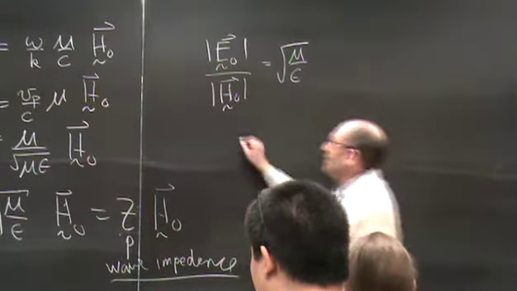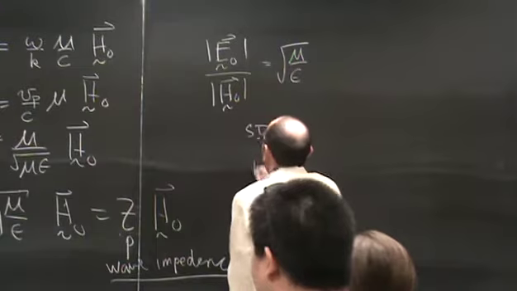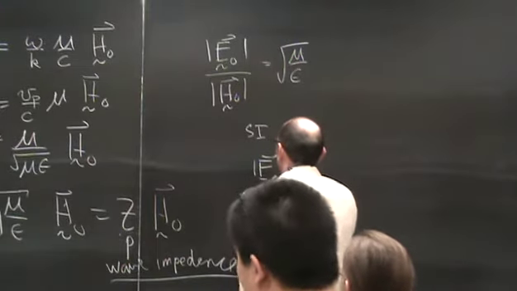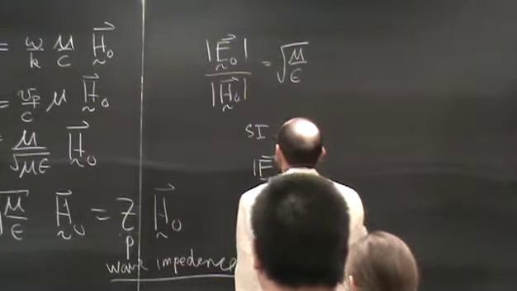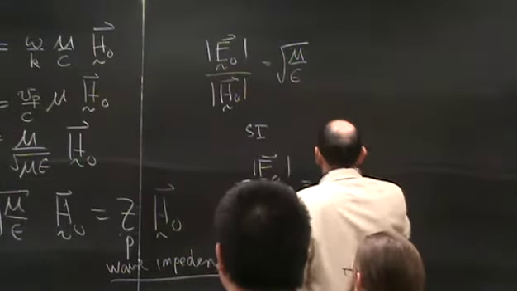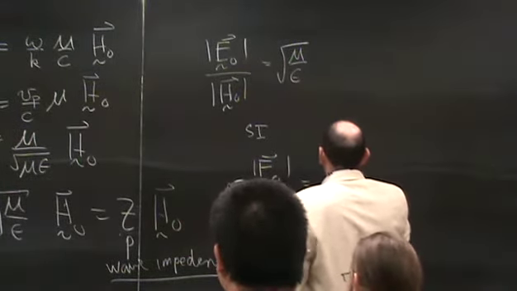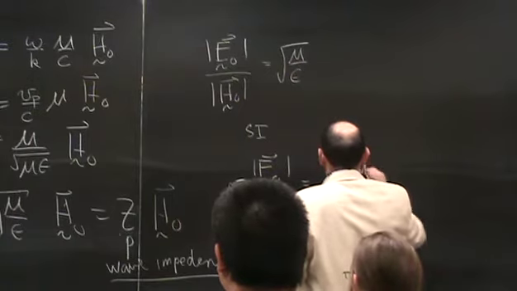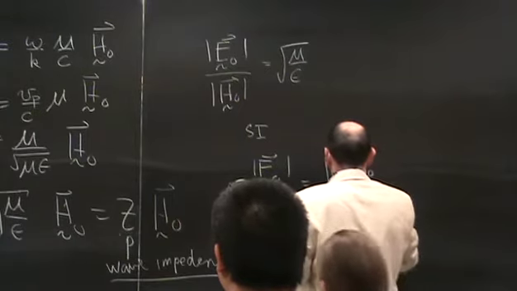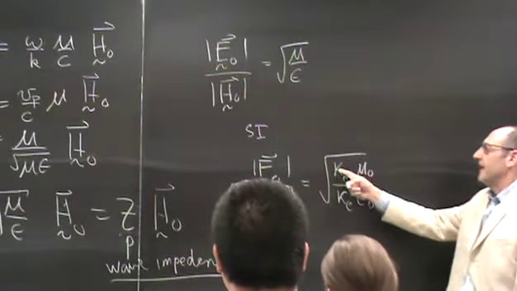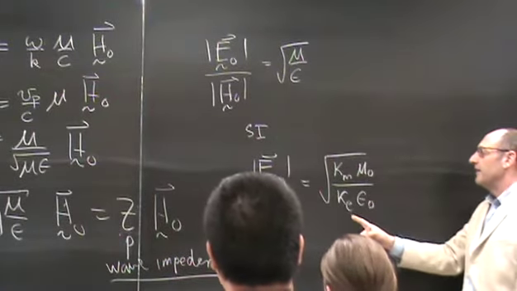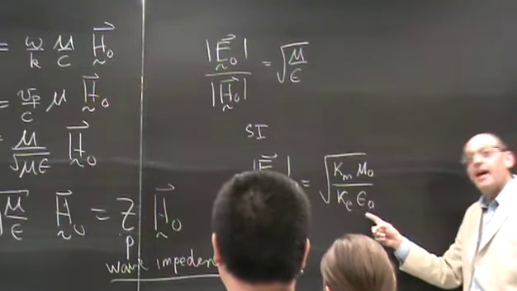Now, in SI units, the magnitude of E naught over H naught is equal to the square root of kappa magnetic mu naught over kappa electric epsilon naught, where mu is kappa times mu naught, and epsilon is kappa times epsilon naught, right?